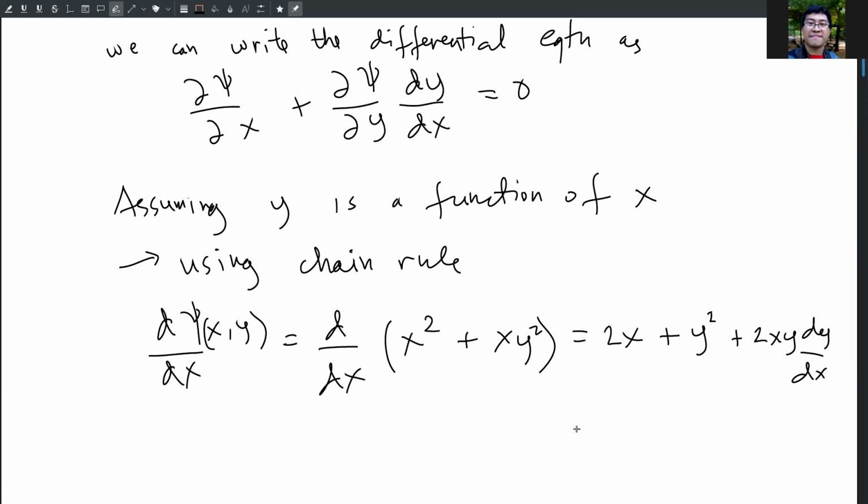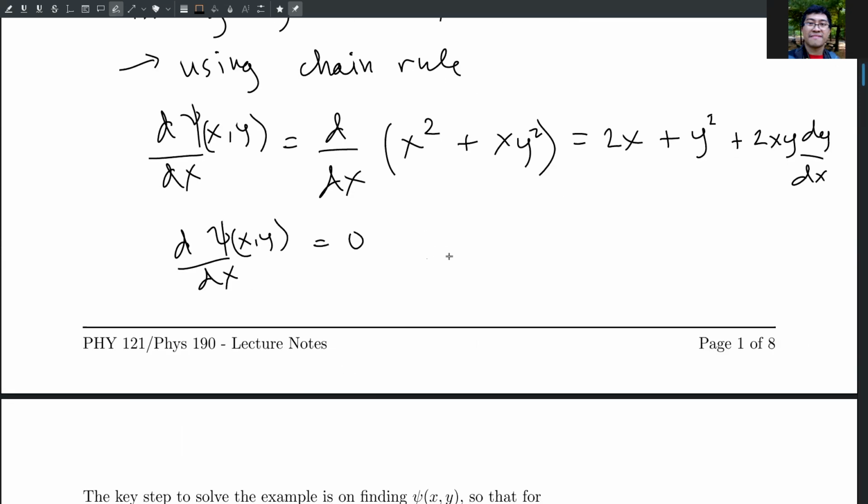Okay, and this is 0, so you have d psi by dx equals 0. That means that psi xy, which is equal to our x squared plus xy squared, is equal to an arbitrary constant c.